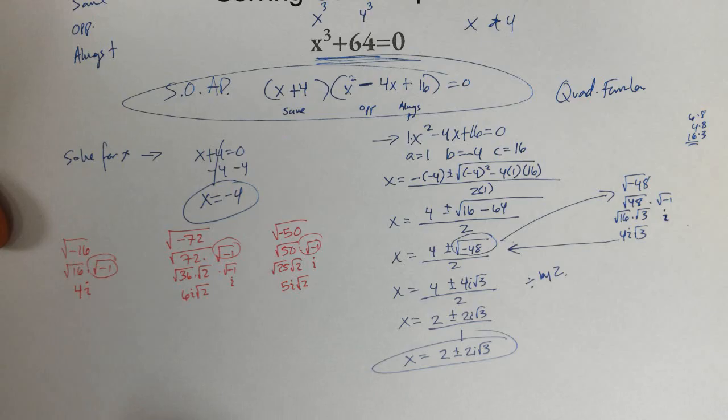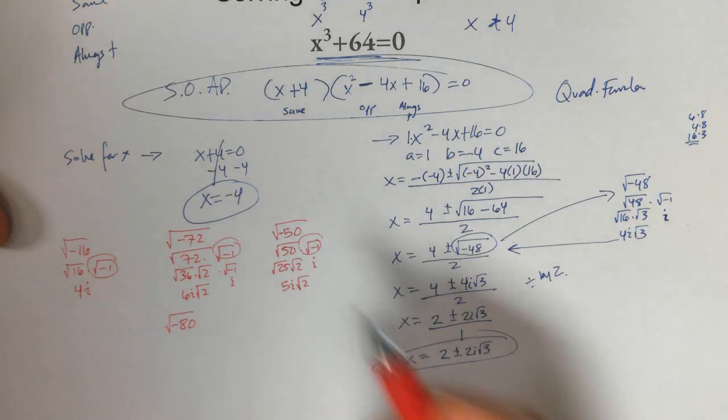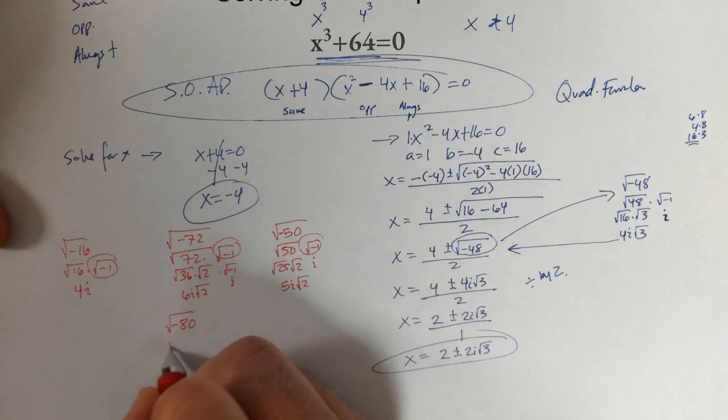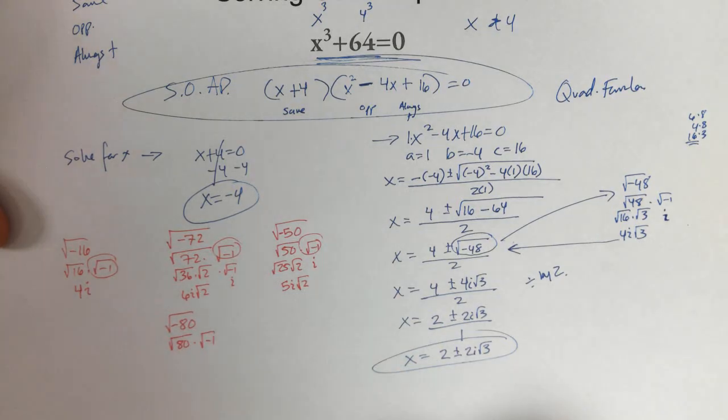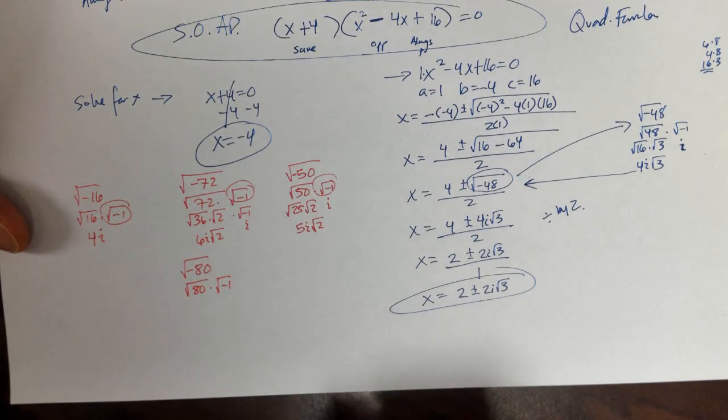Would you like one more? All right. Let's say we have the square root of negative 80. How would you simplify the square root of negative 80? Well, this is just the square root of 80 times the square root of negative 1. 80 can be broken up into a lot of different factors.